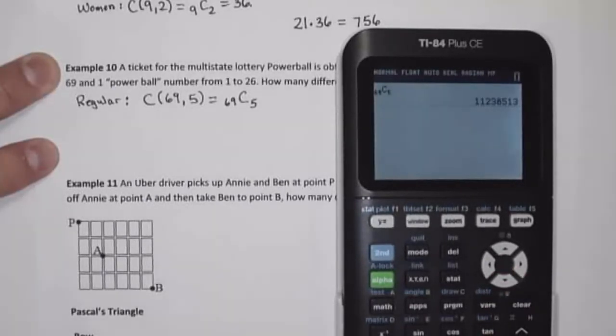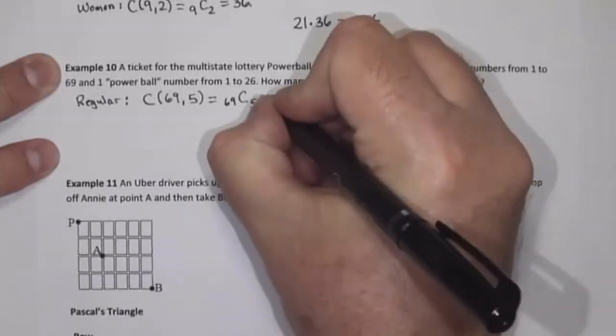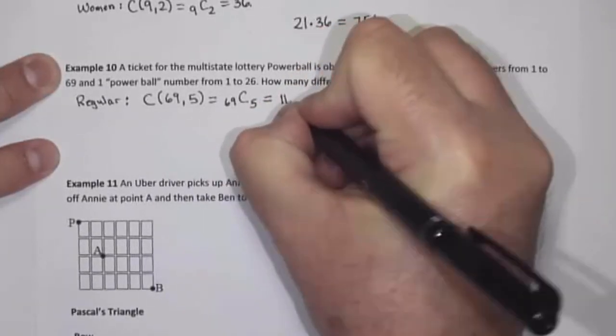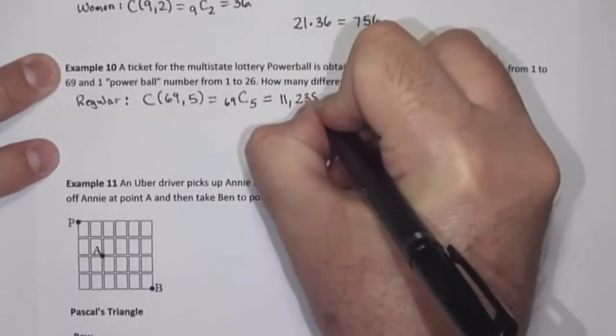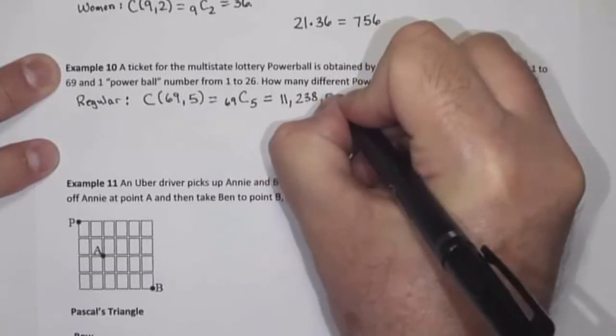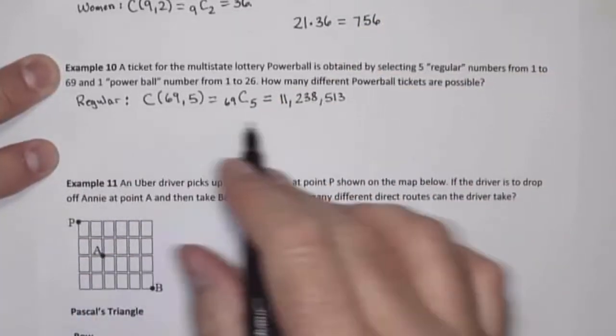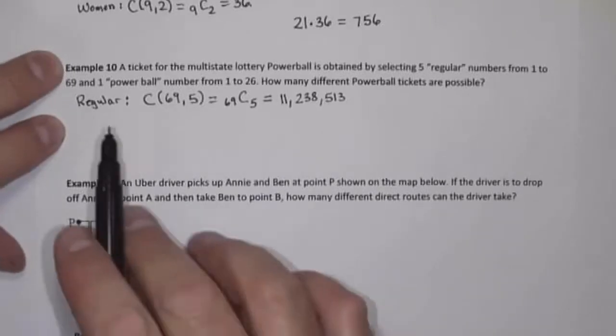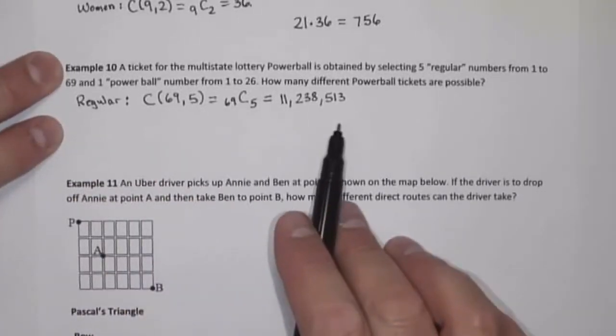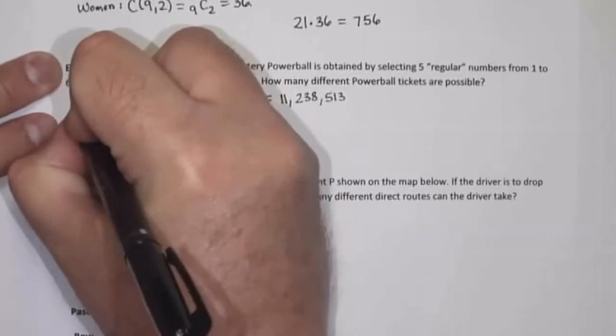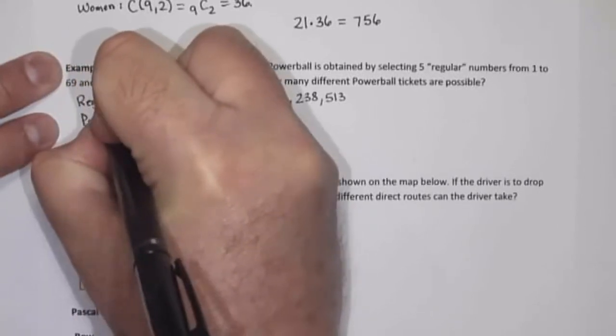That can happen in 11,238,513 different ways. So there are 11,238,513 different ways that we could select the 5 regular numbers in Powerball. Now what about the Powerball number?